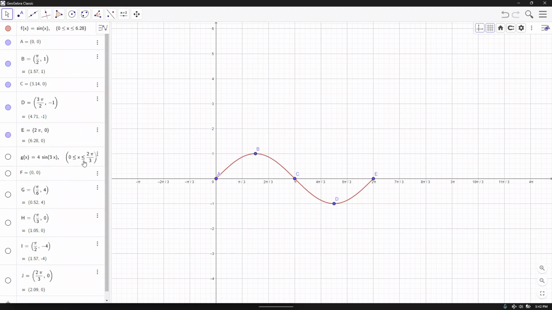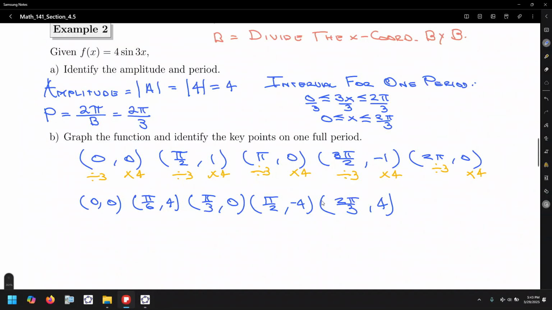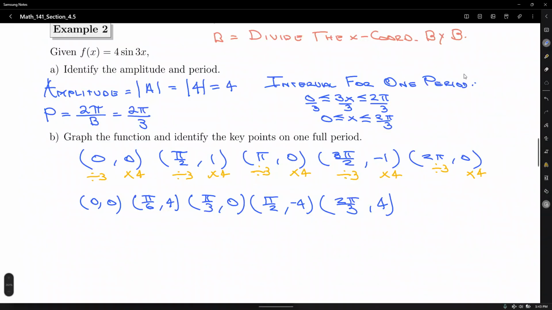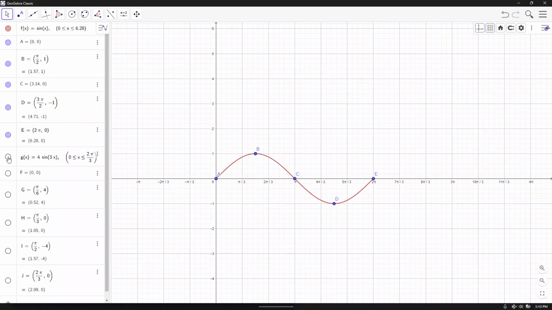Now I'm going to show you the graph of the transform function for sine 3x, which, notice how the period, rather than 0 to 2 pi, which is 6.28, uses this inequality 0 to 2 pi over 3, which is what we have on the notes right here, that interval for one period, which is important to take into account. So you will see this graph right there.